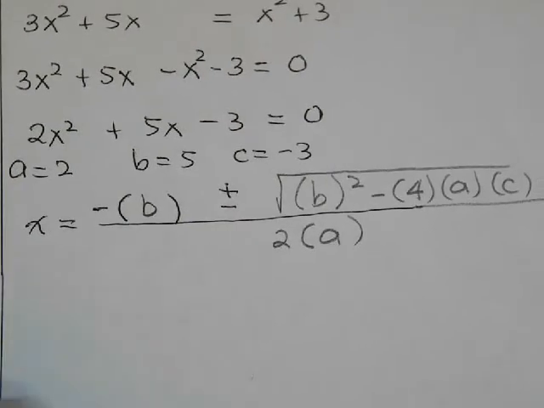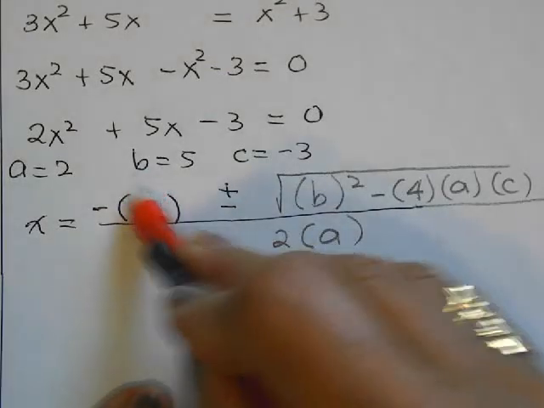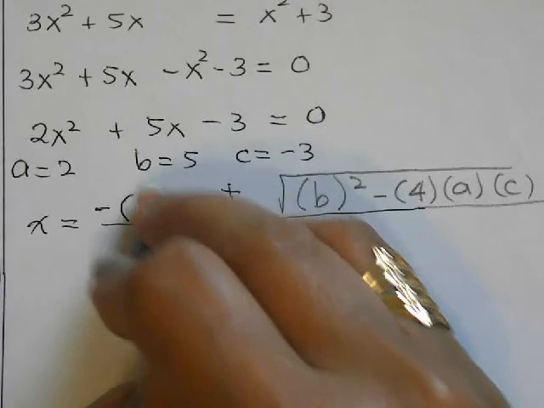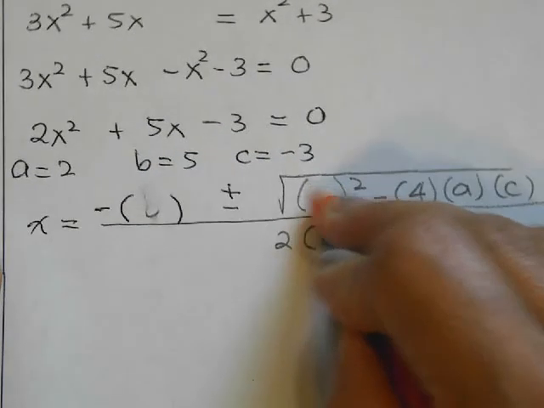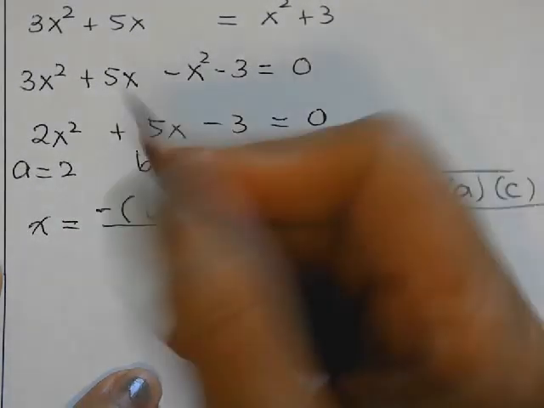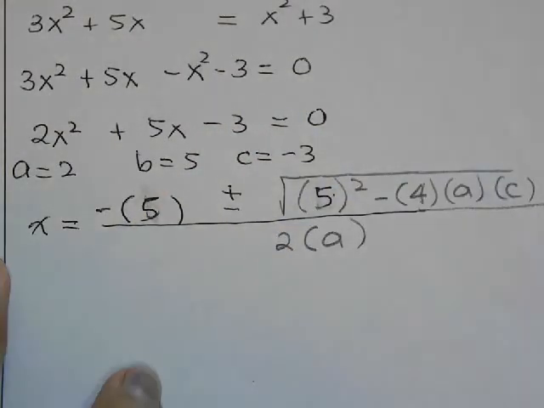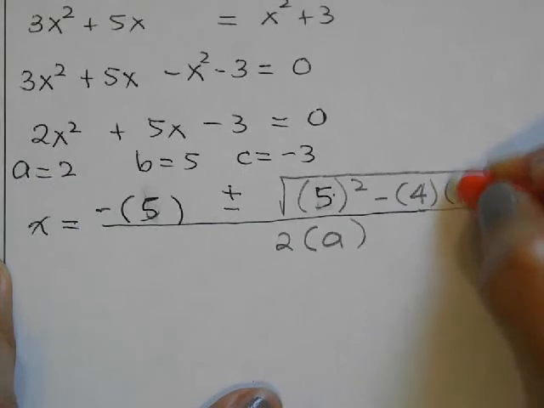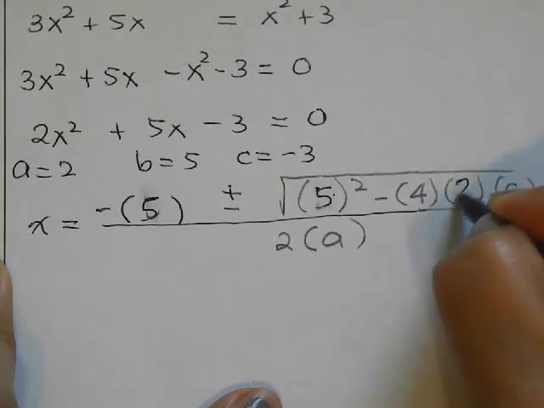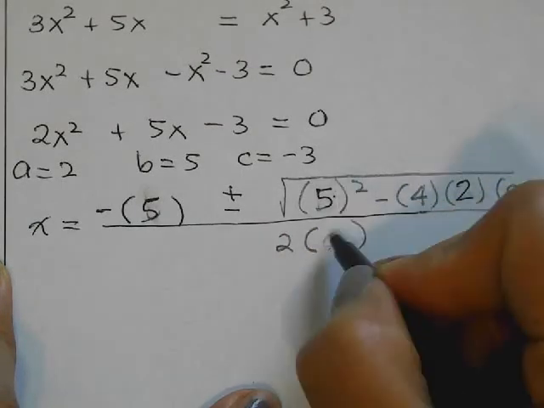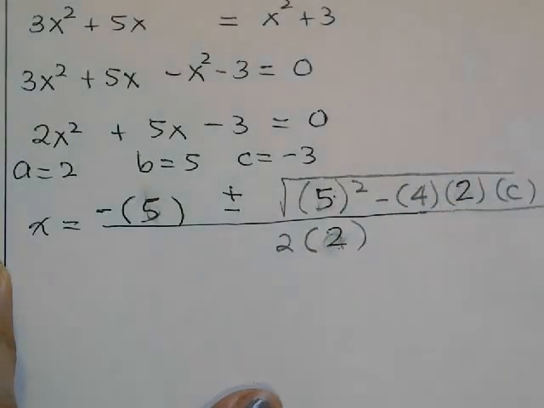So negative b will be 5 here. Okay, so that will be 5, and this will also be 5. A will be 2, and this will also be 2 here because that's also a. And then c will be negative 3. Be careful of the signs.